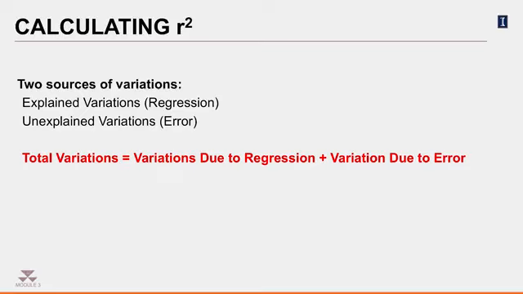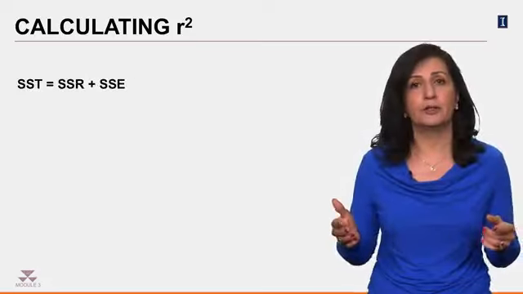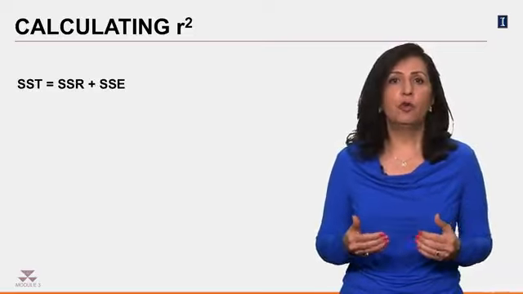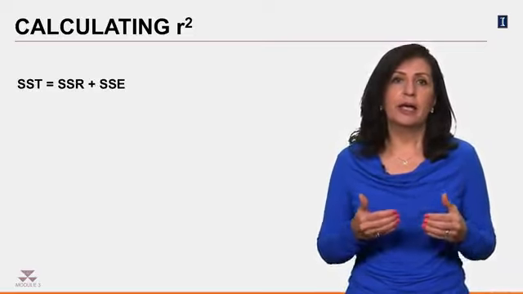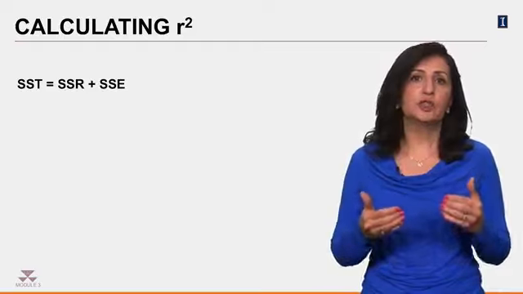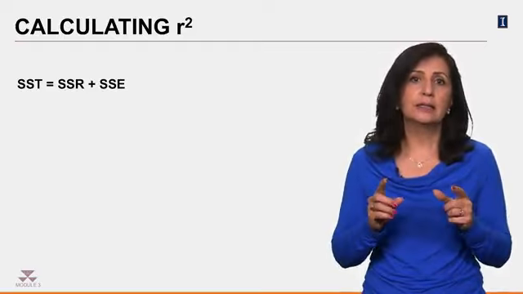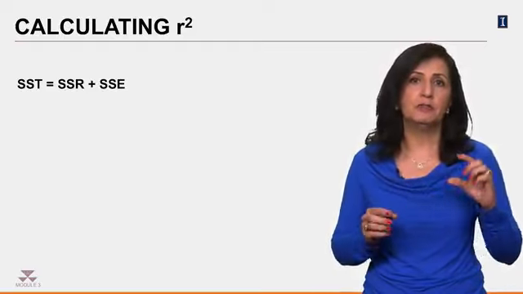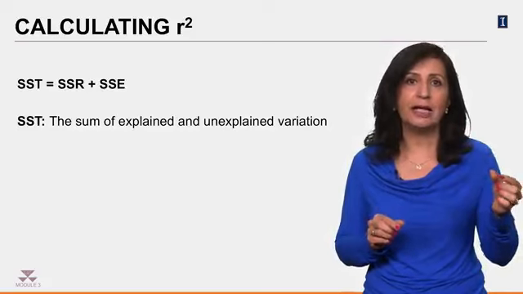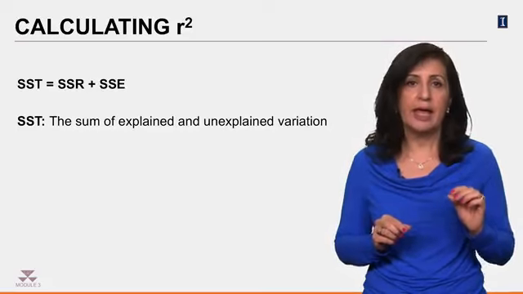The notation for total variation is this. First, you see SS in all parts. Again, SS stands for sum of squares. This is the formula for total variation. SST, which stands for sum of square of total, is the sum of the square differences between observed y value and the average y value.